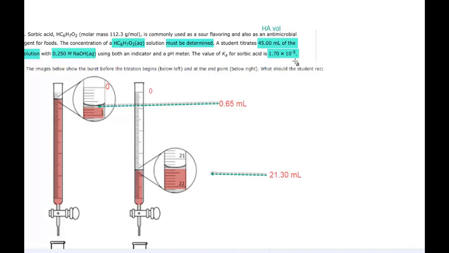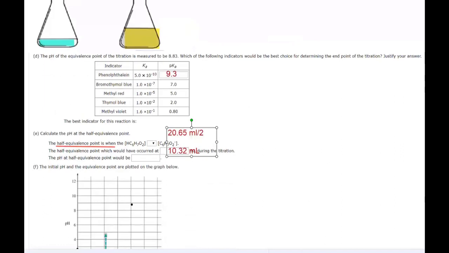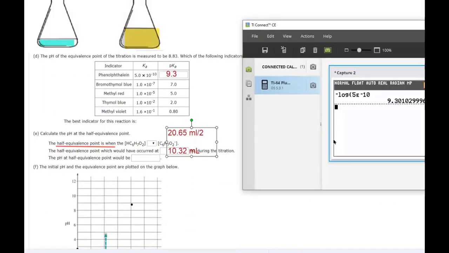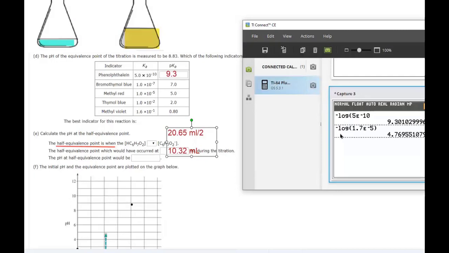They said the ionization constant for that acid is 1.7 times 10 to the negative 5, pretty close to that of acetic acid. That means that the pKa for sorbic acid, in fact, I'll pull up my little screen here, there it is: negative log of 1.7 times 10 to the negative 5 is 4.77.